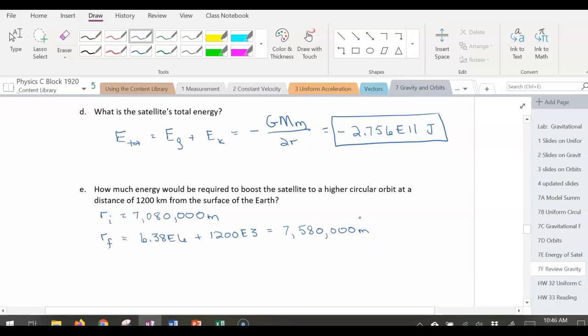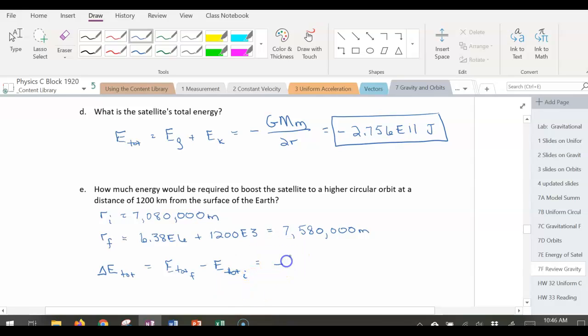Okay, so to find the energy that's required, I have to find the change in the total energy of the spacecraft. That means it's going to be the final total energy minus the initial total energy. I know the initial total energy, that's what I found in D, right?